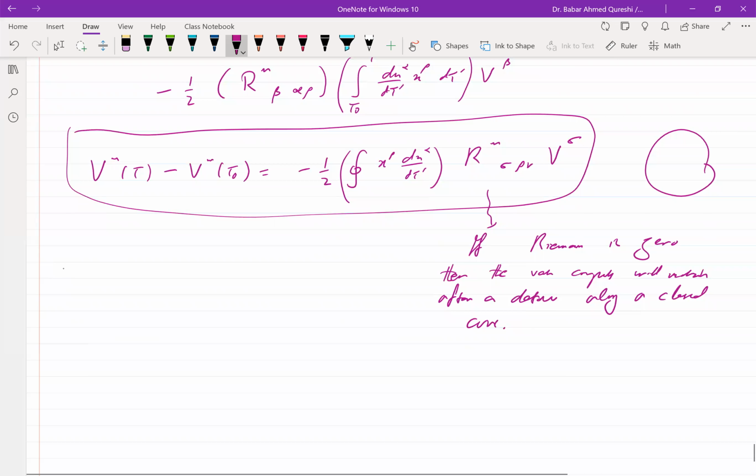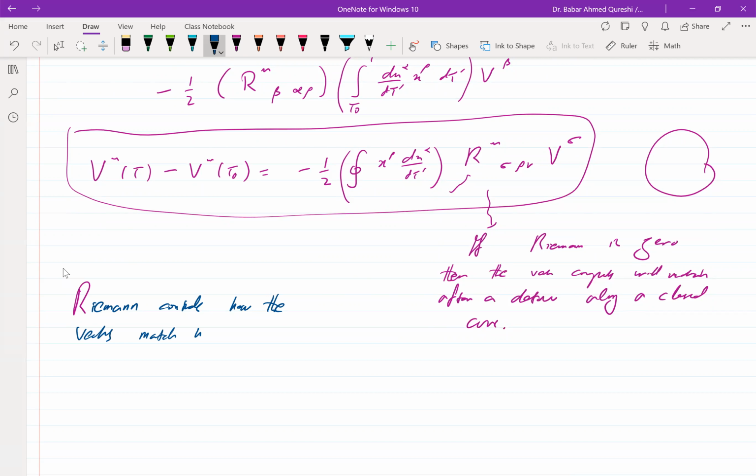And if not, then it is actually the Riemann. Riemann controls how the vectors match when you go around the circle.